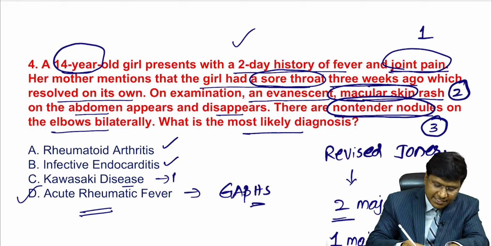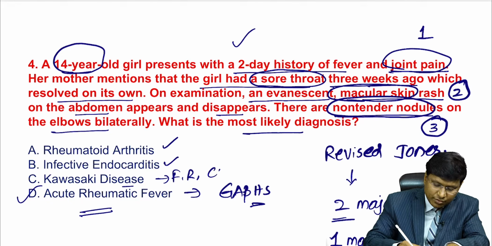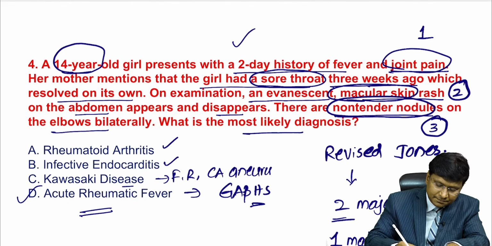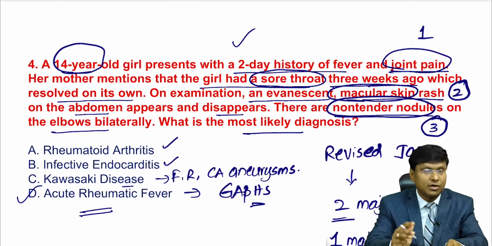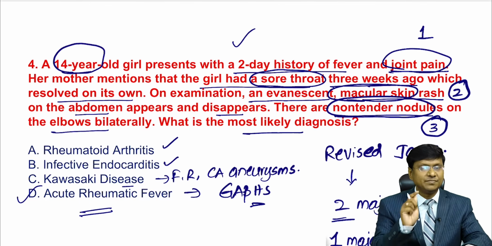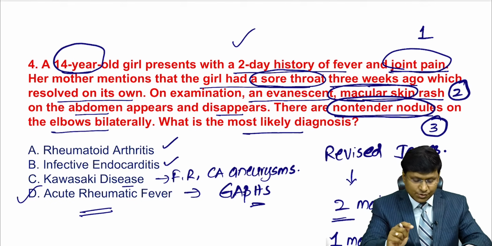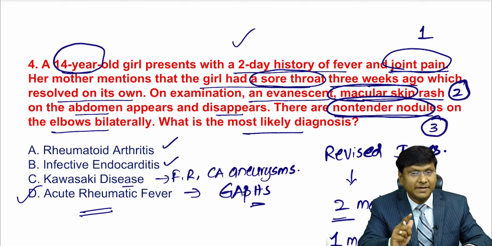Presentation in Kawasaki will be fever, rash, and coronary artery aneurysms. These are the features you will have in Kawasaki disease. So the answer to this question is acute rheumatic fever.